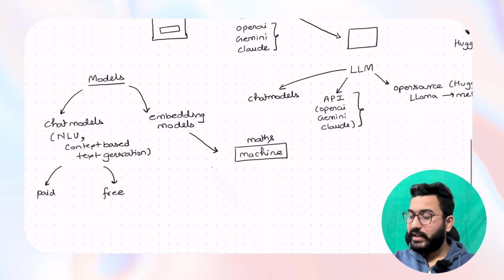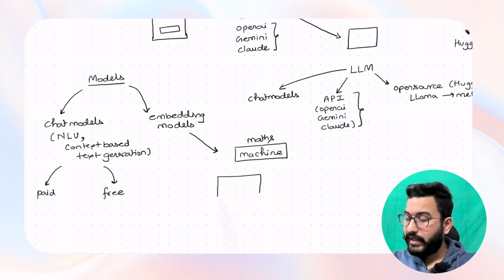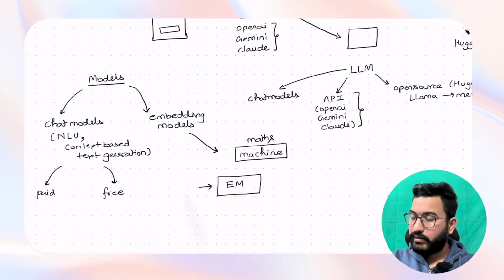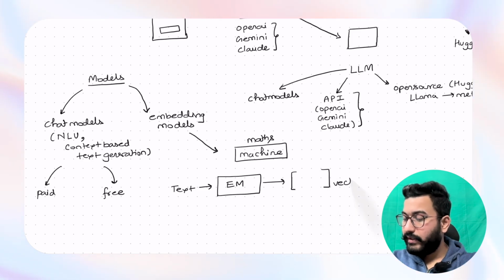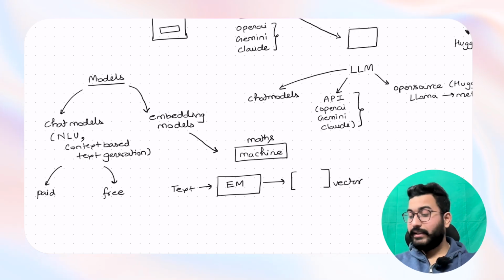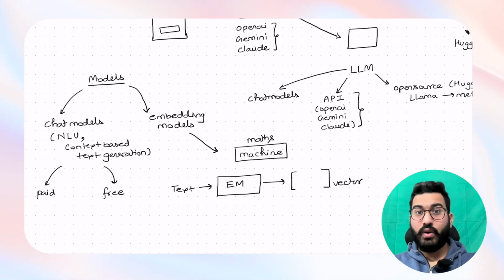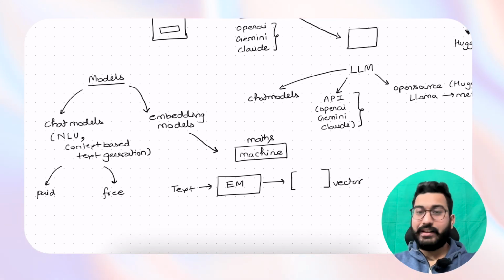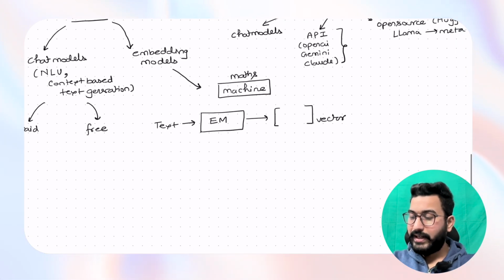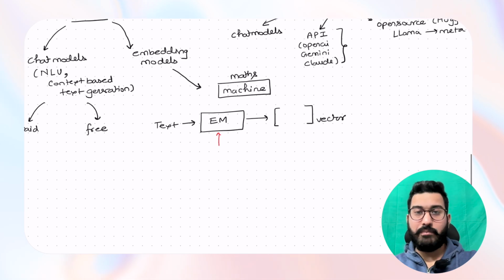Now, what does an embedding model do? So this is my embedding model, EM. It takes text as the input and returns a vector as the output, which is capturing the contextual meaning of the text. This vector is not a random vector. There is a technique going on inside this embedding model.